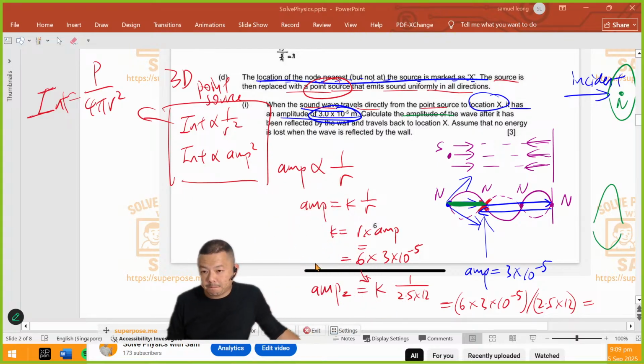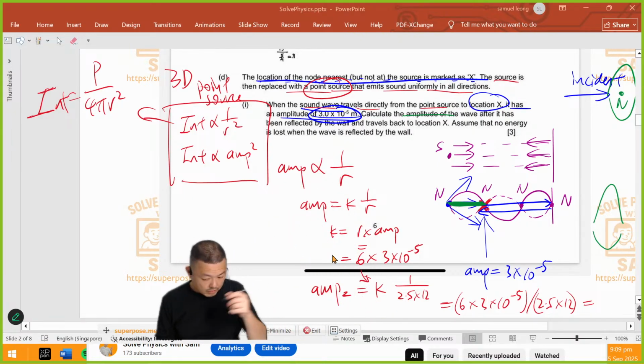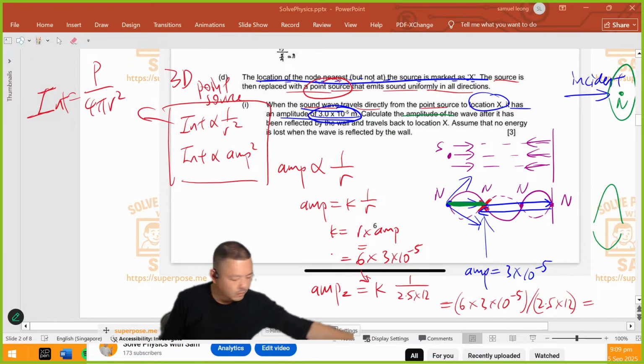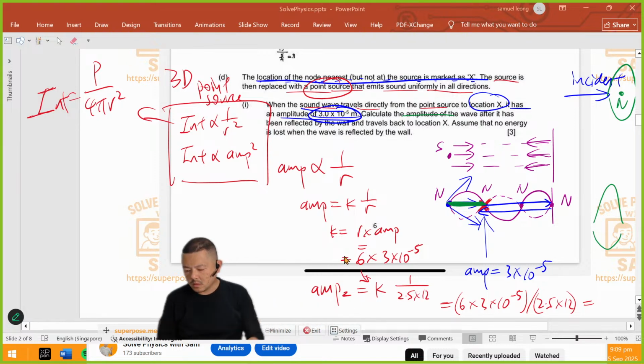So anyway, back to this one here. What's the value for this? Did you punch it in already? Okay, so 5.4 times 10 to the power minus 3.